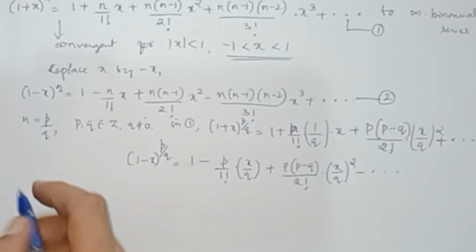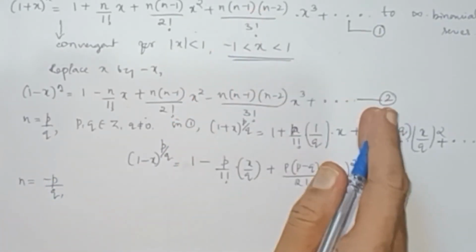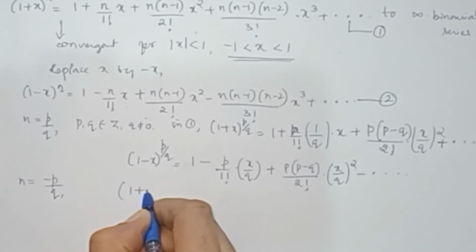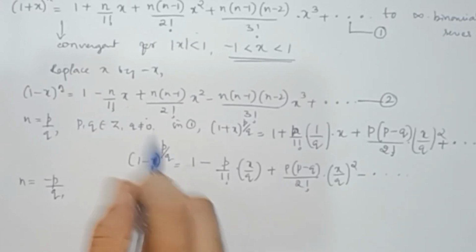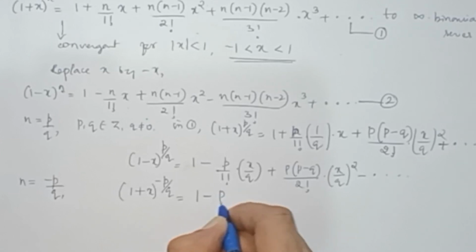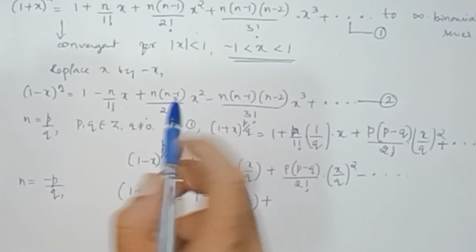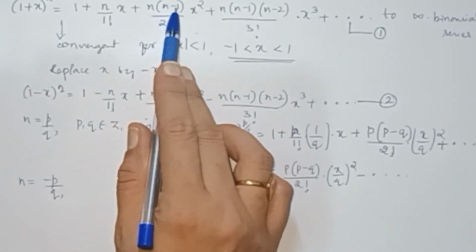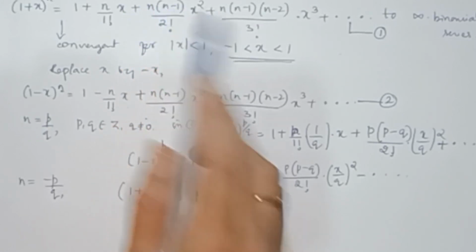Similarly, if you put n equal to -p/q in equation 1, we get (1 + x)^(-p/q) = 1 - (p/1!)(x/q) + ... As you put n equal to -p/q, -p/q - 1 has minus common, and you get p + q in this case.